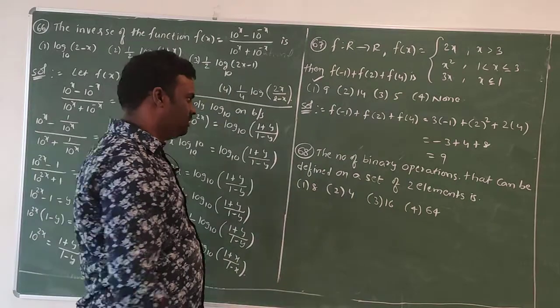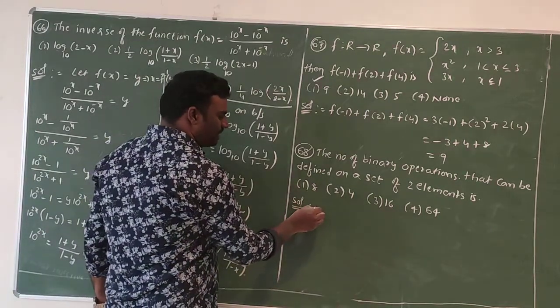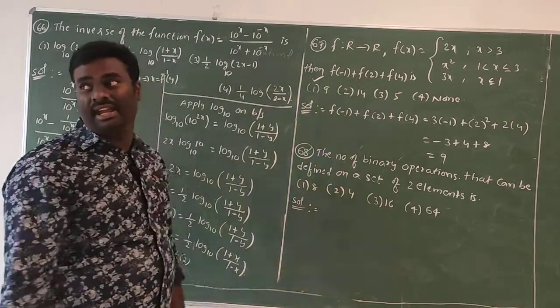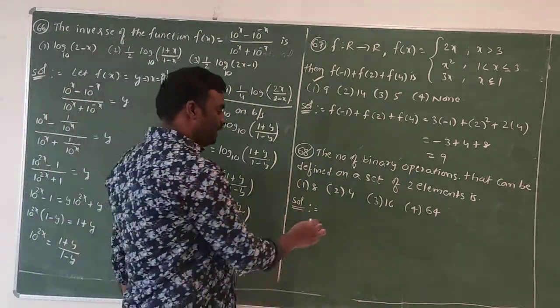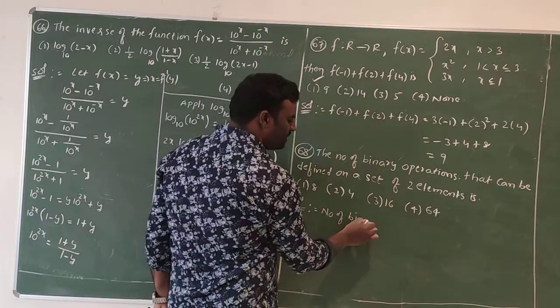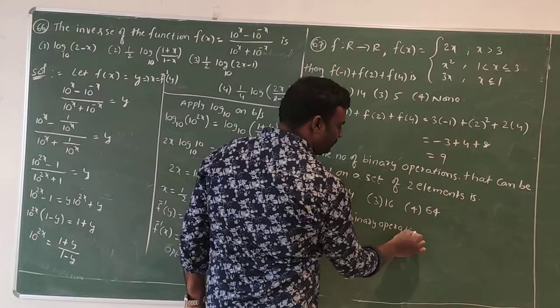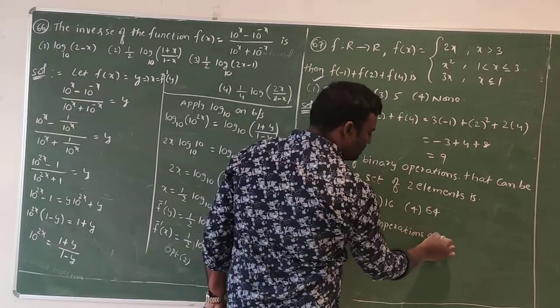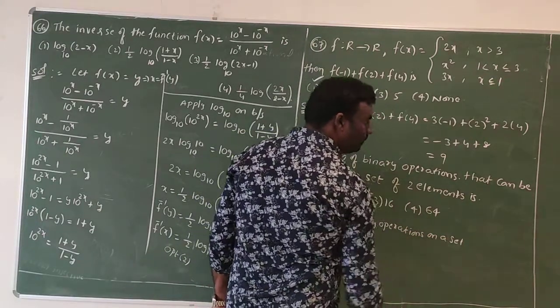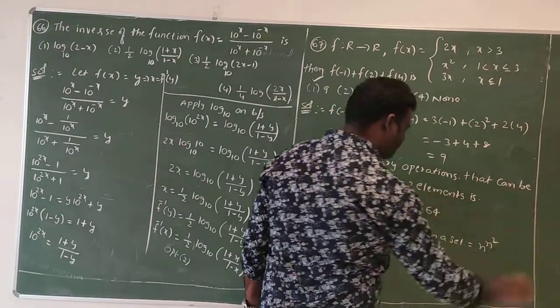Students, first you need to remember the formula for the number of binary operations on a set containing n elements. Number of binary operations on a set equals n power n square.